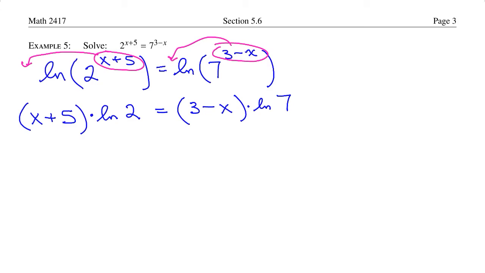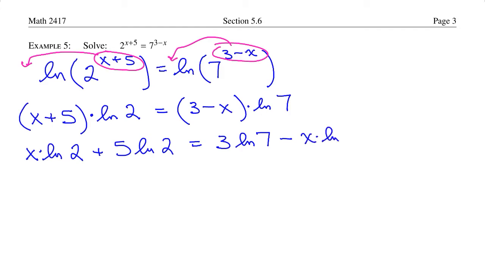Looks a little complicated because of the logs, but it's straightforward. Traditionally, we put the log stuff on the right side. So this is x times natural log of 2 plus 5 natural log of 2 is equal to 3 natural log of 7 minus x times the natural log of 7.